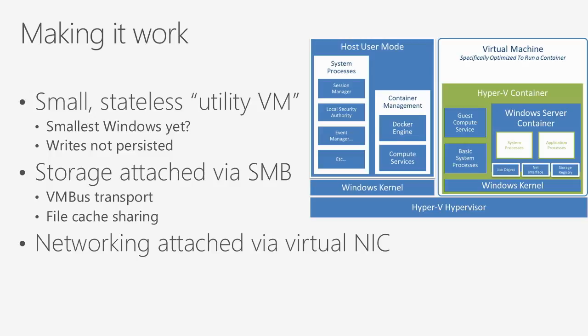We boot this up. We use the same networking stack that we do for Windows Server containers, because it's the same networking stack we use for virtual machines. For the file system, this is kind of interesting. We use the same file system infrastructure in the host operating system, and we expose that into the container by doing SMB over VMbus.